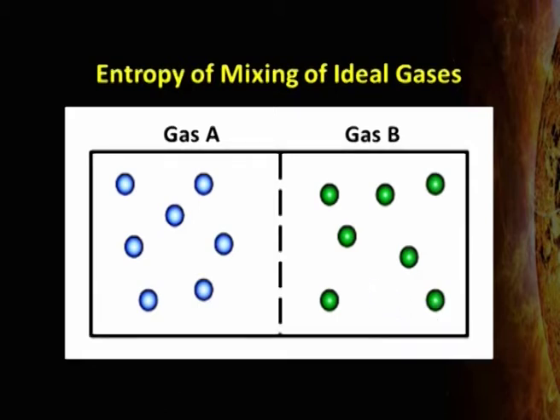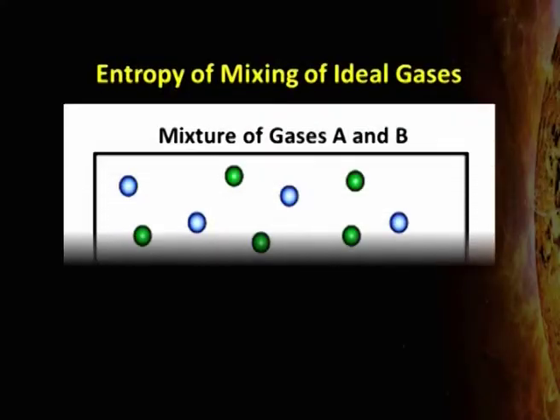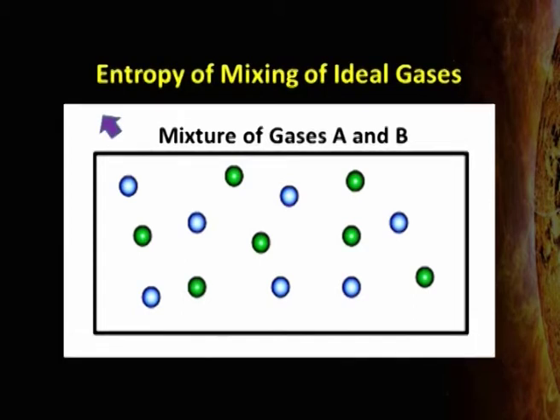The volume of gas A is equal to Va, and that of gas B is equal to Vb. These two gases are separated by a partition, but if this partition is removed, these two gases will diffuse randomly and make a homogeneous mixture. You can see this process in the figure. The two gases have diffused to make a homogeneous mixture.